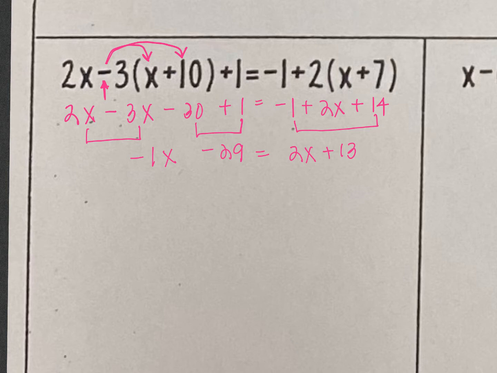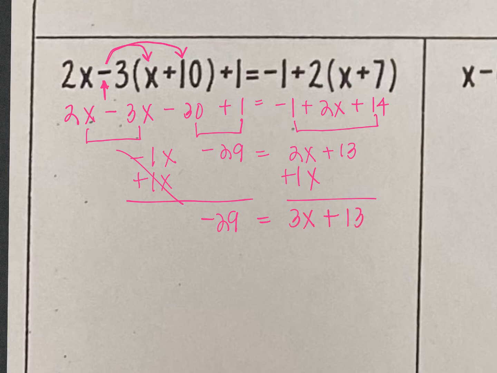Then get rid of the smaller variable term, so we're going to add 1x. Be fair, so add it to both sides. This would cancel out, so we just have -29 on the left. 2x plus 1x is 3x, and we still have plus 13. Then we need to subtract 13. Be fair. So 3x equals, and -29 plus 13 is -42.